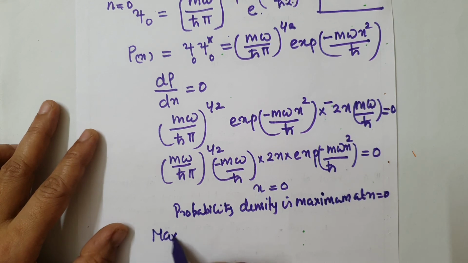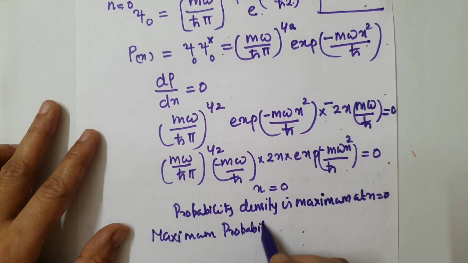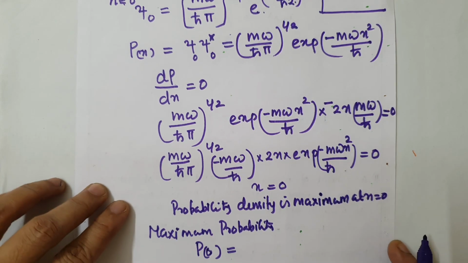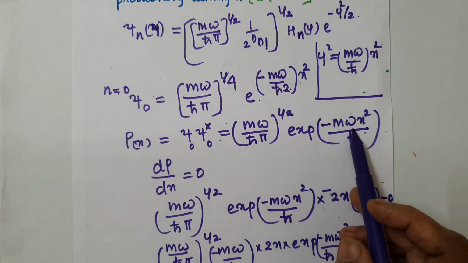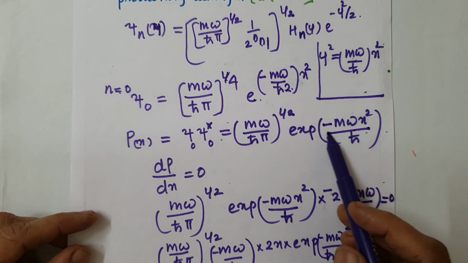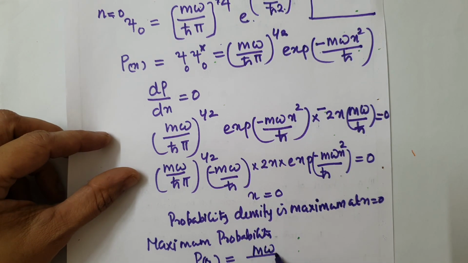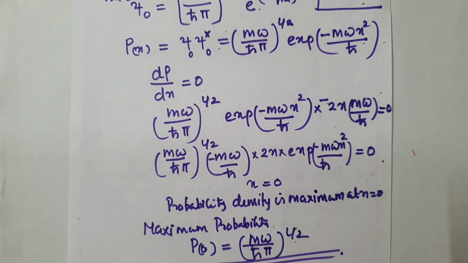We give it the notation P0. When x is equal to 0, the exponential term goes to 1, and the value is m omega by h cut pi the whole raised to 1 by 2. This is the maximum value of the probability density.